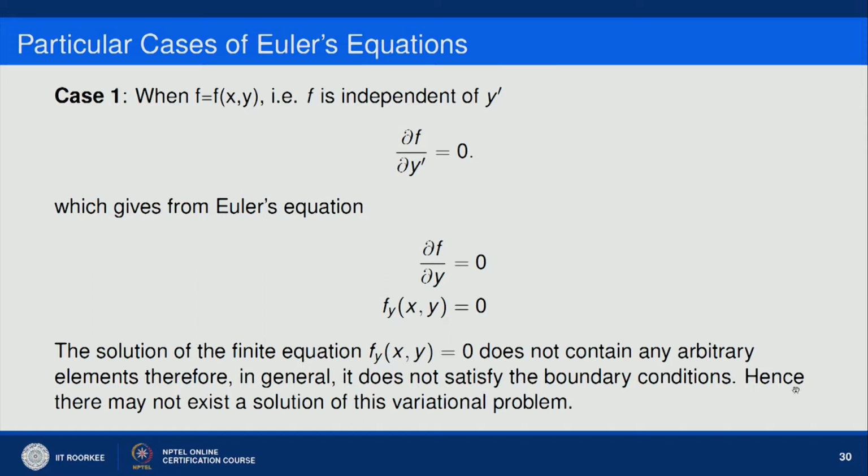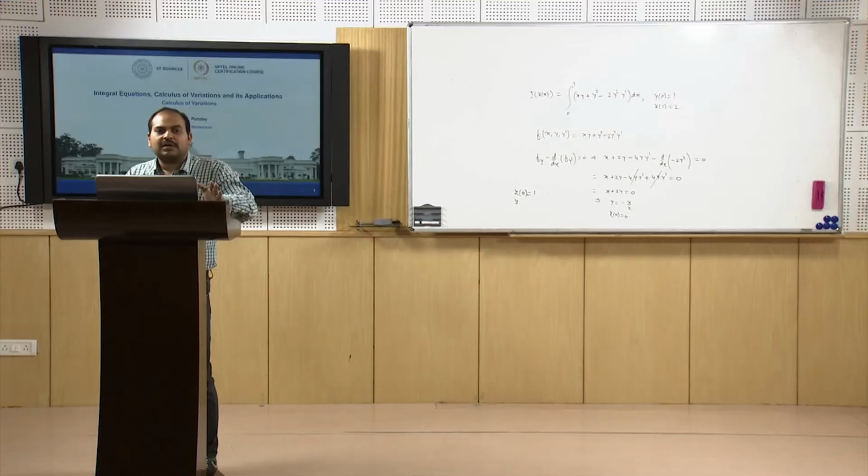Hence there may not exist any solution of this variational problem. A solution exists only if the solution of this finite equation, f y of x, y equal to 0, passes through the boundary points. Otherwise it may not have a solution.